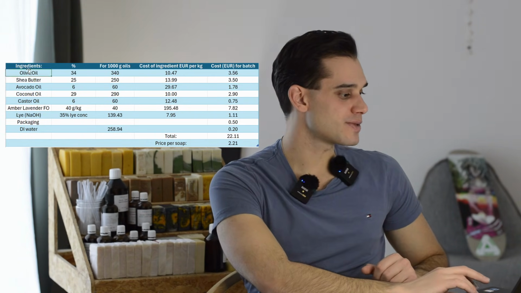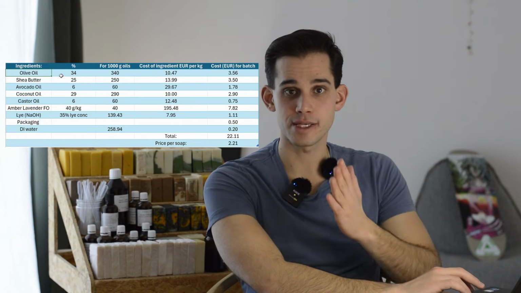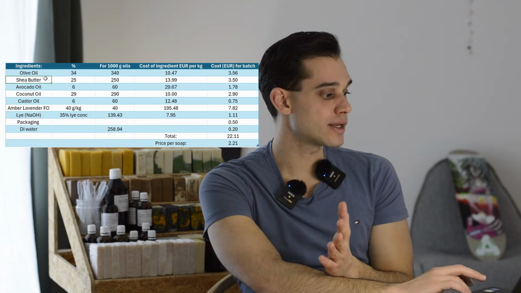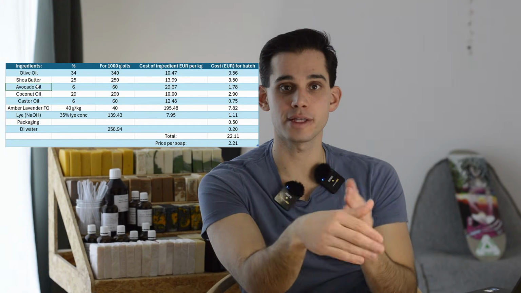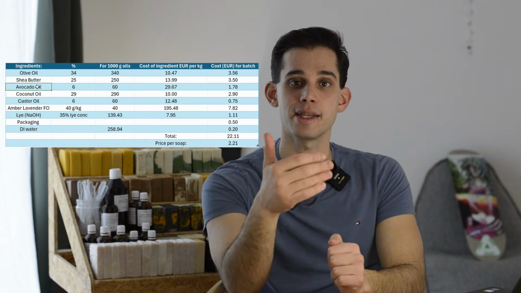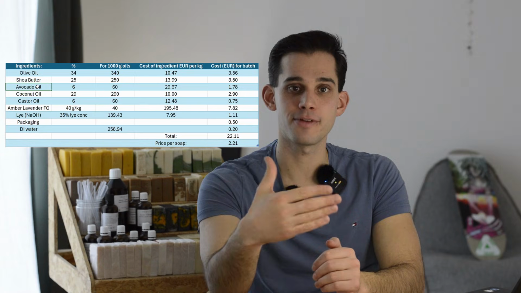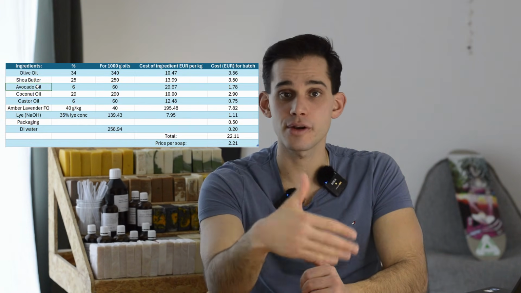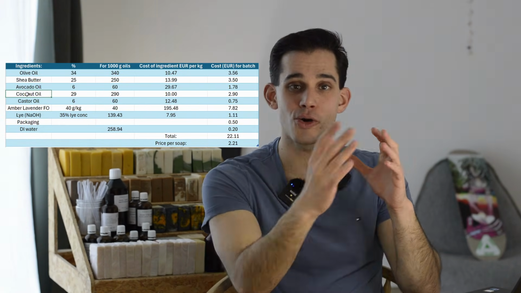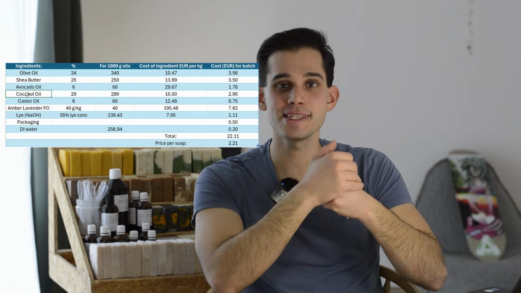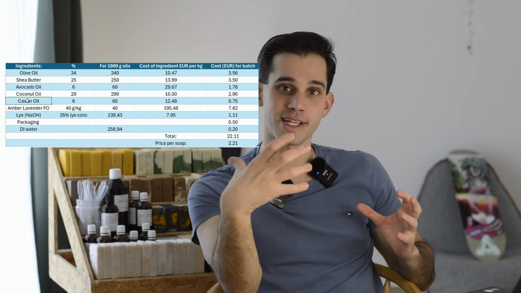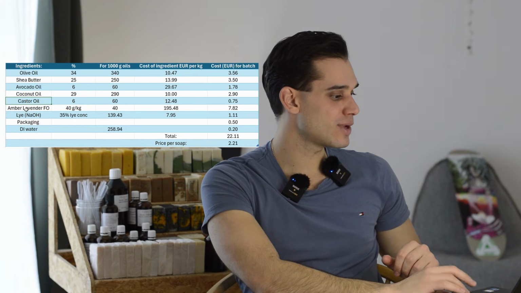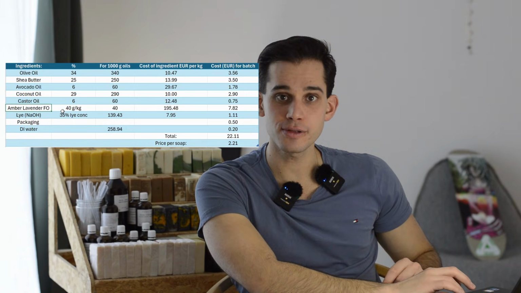So in this recipe, we include olive oil that gives conditioning properties, we include shea butter that gives creaminess, we include avocado oil that also gives conditioning properties, and it also contains some extra vitamins and antioxidants that are not in olive oil. We include coconut oil that will give a lot of cleansiness and bubbles to your soap, castor oil which will add a lot of thickness to your lather, and then we include a typical fragrance oil.